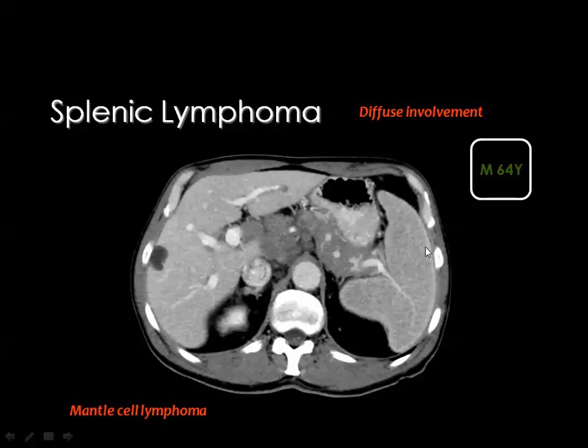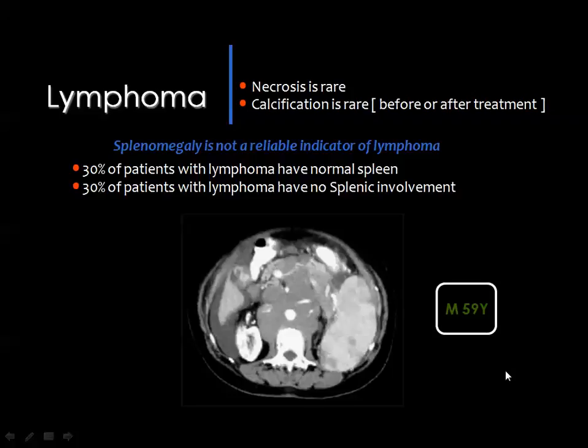You see the spleen is enlarged with very minute hypodense focal lesions totally infiltrating the splenic parenchyma, together with the presence of bulky lymph nodes in the celiac and porta hepatis area. And this is lymphoma of the spleen, multiple focal lesions, bulky retroperitoneal lymphadenopathy, some amount of ascites.